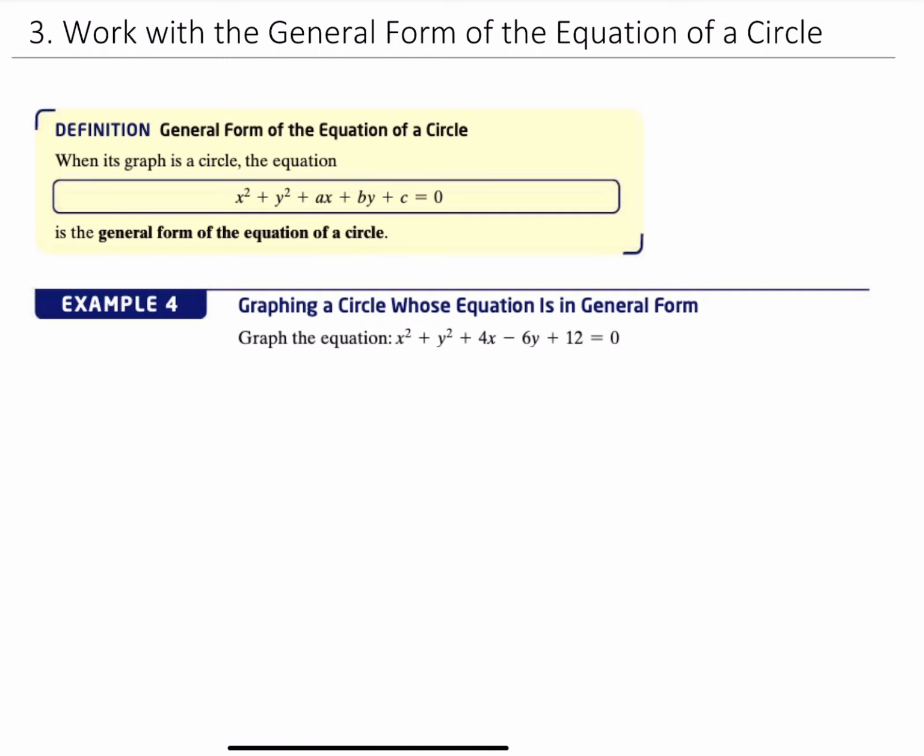All right, the last thing that this section will cover is another form of the equation of a circle called the general form, and it looks a bit more complex. It's x squared plus y squared plus ax plus by plus c, where a, b, and c are just some numbers. There's some coefficients of x and y, and then some other constant here.